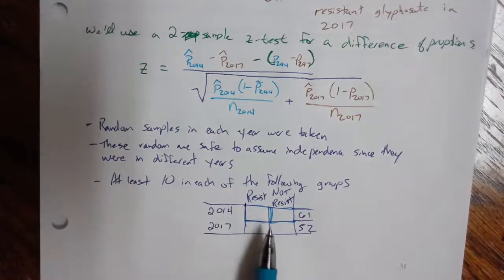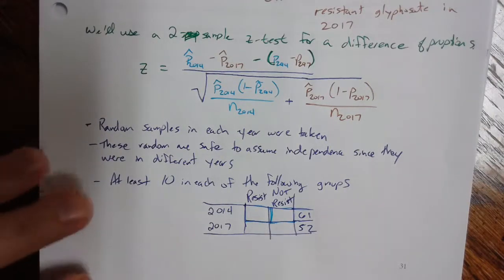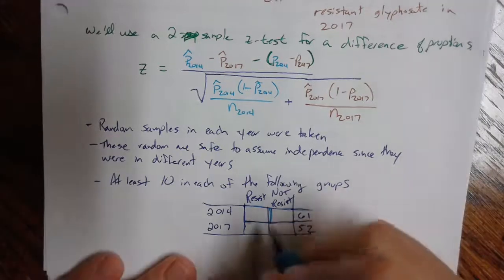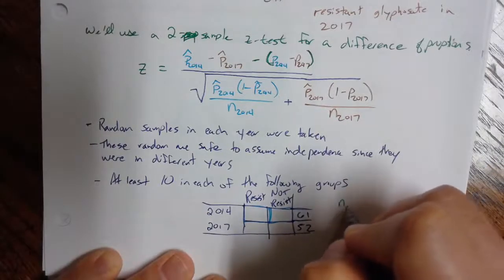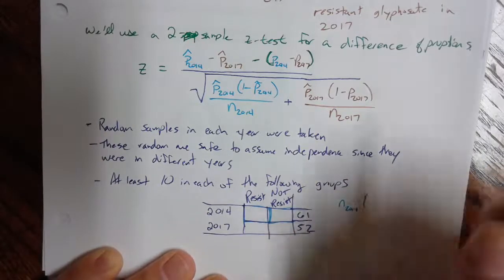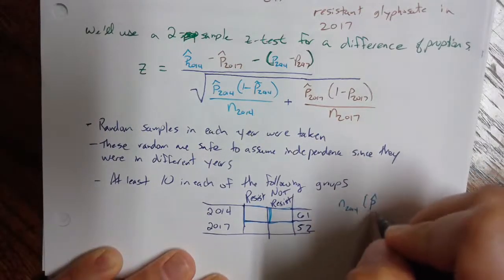So if we have too small of a sample, we wouldn't be able to assume that these are normal here. So in order to check these, we were told that the n from 2014 and then our p hat from 2014, we have these numbers.